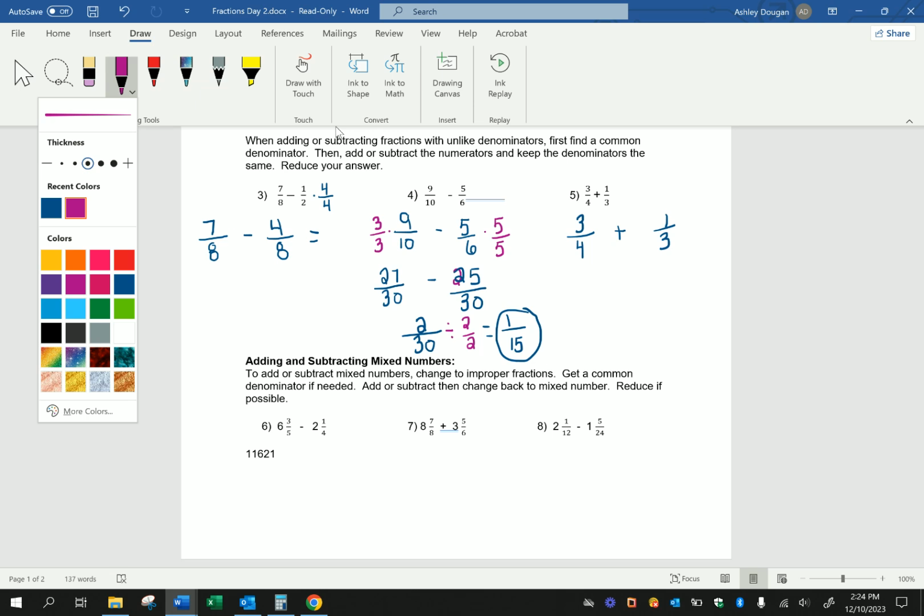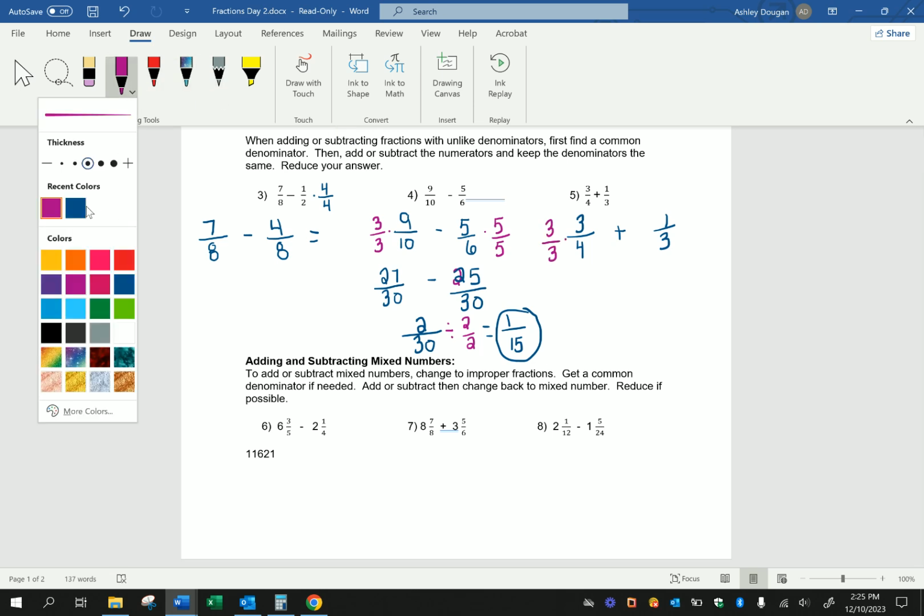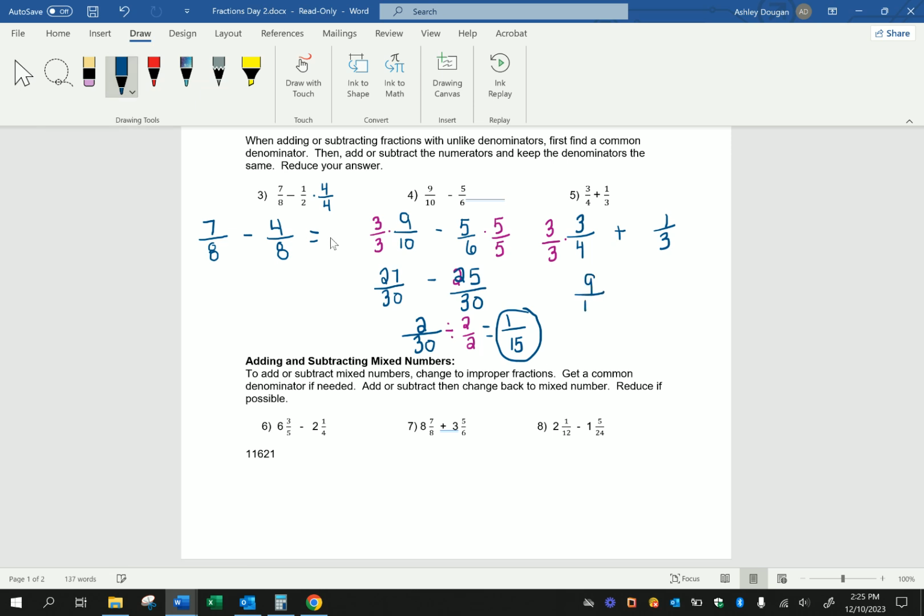Okay. If I want 4 to be a 12, what can I multiply 4 by that would give me 12? And that's going to be 3. That means I have to multiply the top and the bottom by 3. And that gives me 9/12. All right, and so then I want to do the same thing to the second fraction.